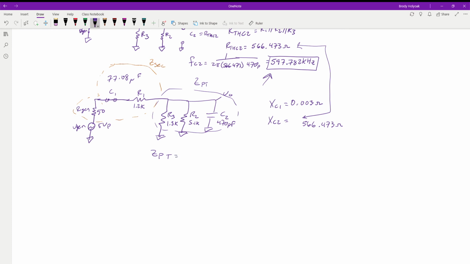So our Z parallel total is going to be R3 in parallel with R2 in parallel with capacitor 2, or at least our X of C2. So since these two guys are resistors, R2 and R3, I'm just going to go ahead and combine those together. So that's 1036 at 0 in parallel with the 566.473 at negative 90.